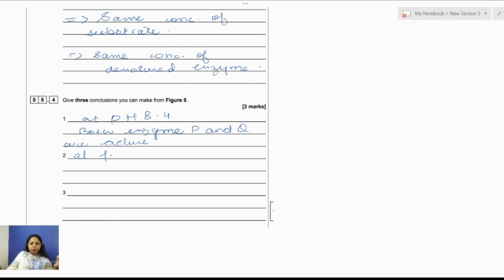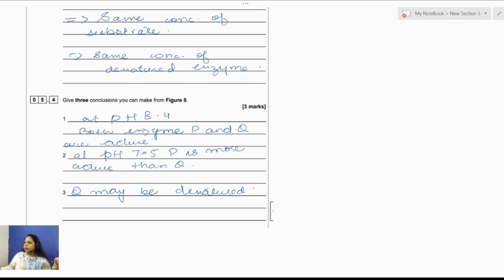At pH 7.5, P is more active than Q. What can be the reason? Q may be denatured. Okay, so let's move to the next question.